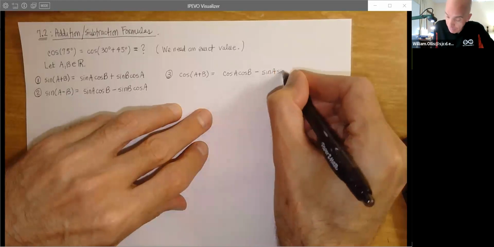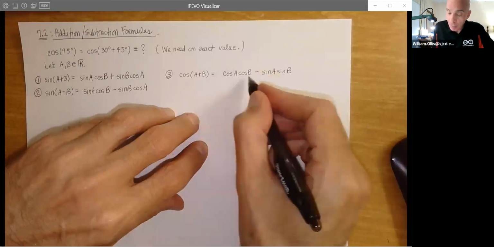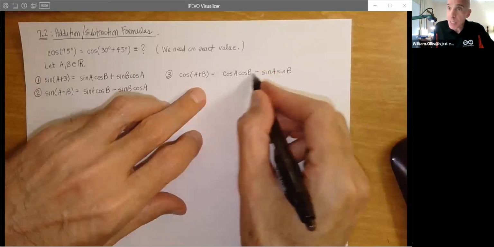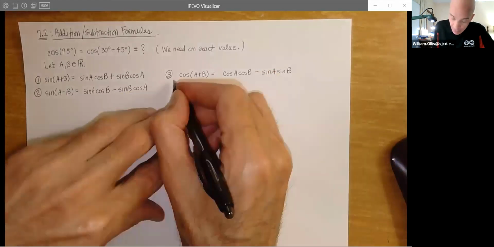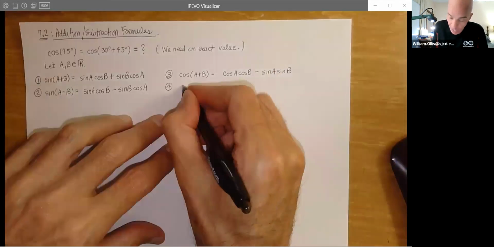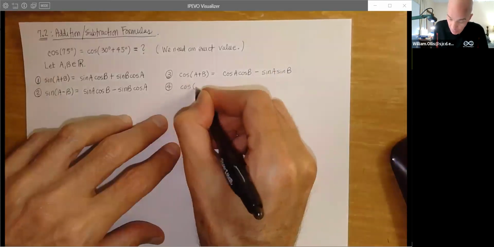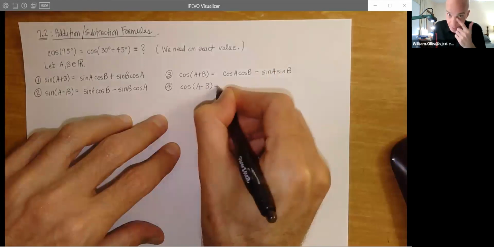So again, it's not additive. You don't just get cosine of A plus cosine of B. You get something very different from that. So that's an identity. And then 4, which will be similar to 2 with the sine, will have the cosine of a difference. So these formulas, these identities have little oddities about them.